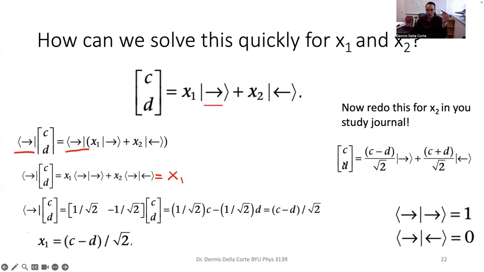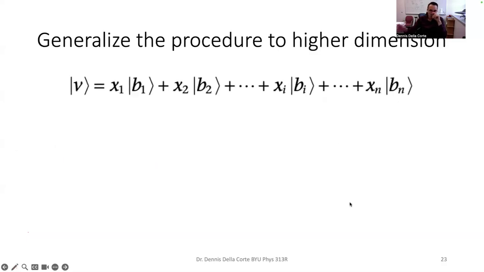If you do that, then you can find this closed expression for CD that says, well, if you want to get to the CD point, you just go this number of steps to the right and this number of steps to the left. And the step size is completely defined by C and D. So that's quite neat. We can generalize this into higher dimensions.